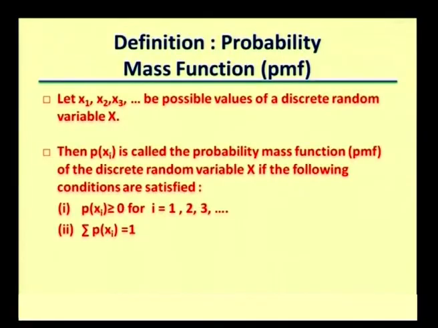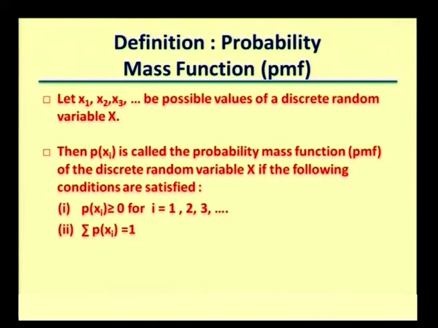First of all, let us see the definition of probability mass function. Let x1, x2, x3 be possible values of a discrete random variable x. When you are defining the values of a discrete random variable, you must write them this way only: x1, x2, x3, like that. You can't define the values in an interval, then it becomes continuous.